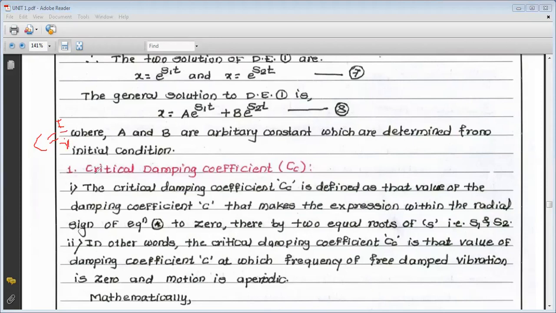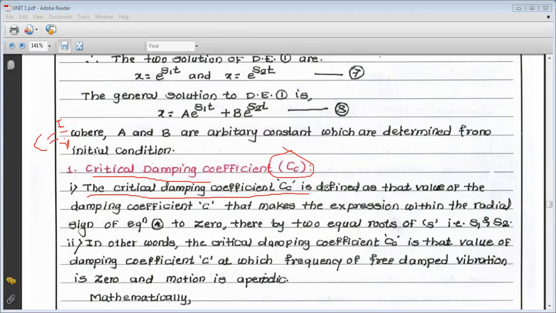Now what is the critical damping coefficient? The critical damping coefficient is denoted by Cc. Now c is the damping coefficient and Cc is the critical damping coefficient.